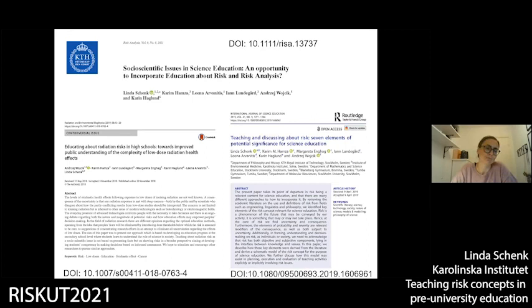The one to the left, we described the RISK-EDU project in a little bit more detail and give some examples of risk-related SSIs that we have worked with connected to radiation. And to the right, I have put the review of the risk concept and the development of our didactic model of the risk concept.